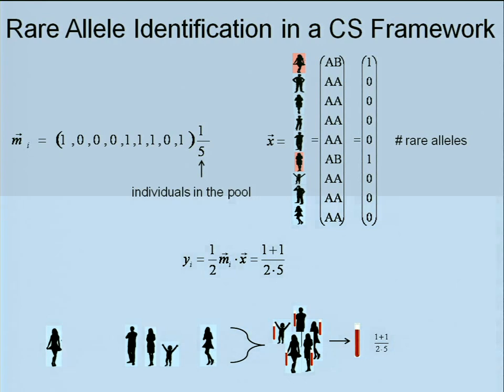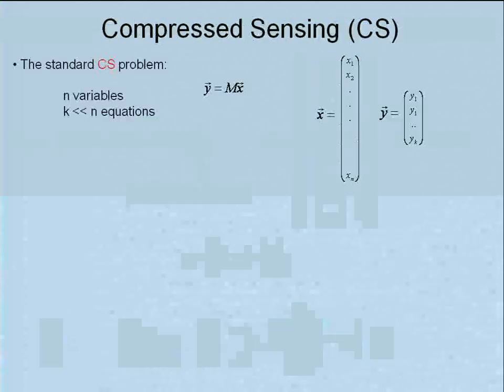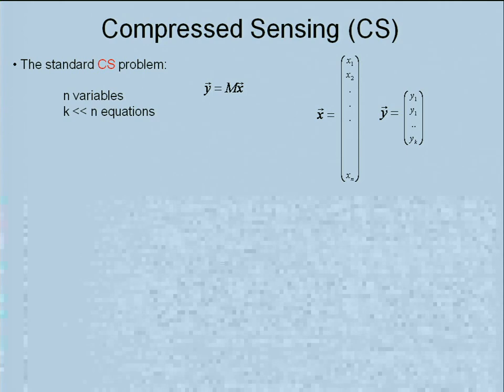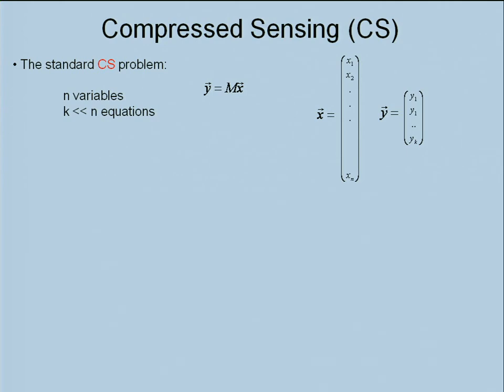All right, so we have y. We know the pooling vector, and we're trying to reconstruct x. That's a very simple problem. It's just a bunch of linear equations, and that's also the standard compressed sensing problem. The only problem here is that we have far fewer equations than unknowns. In general, when you have fewer equations than unknowns in a linear system, we all know from linear algebra that you cannot solve this problem uniquely.